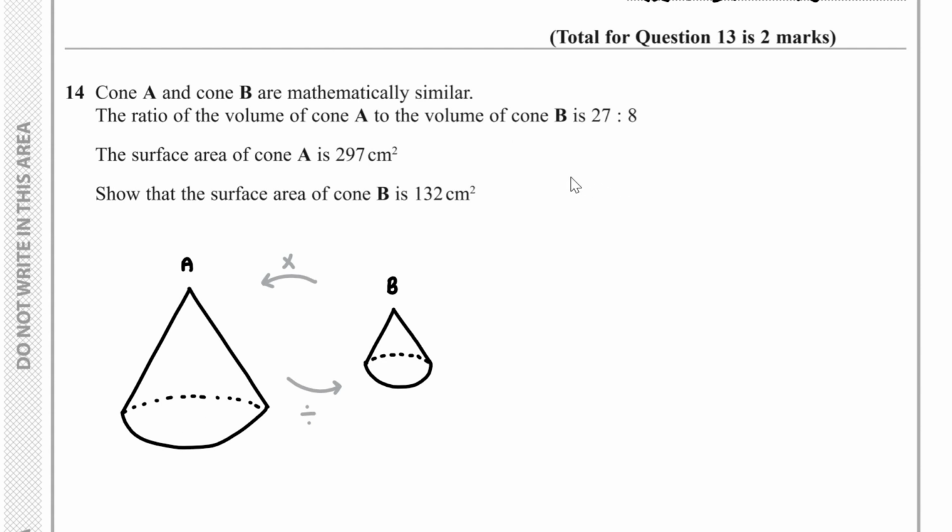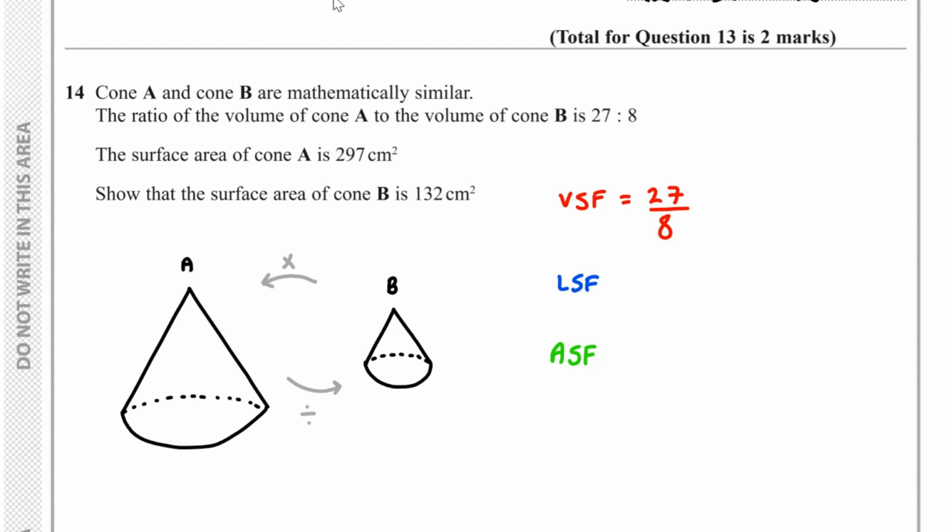If we find out the volume scale factor, the volume scale factor is equal to 27/8. So we've used the ratio to express that in an equivalent fraction. So with this, we can find out the length scale factor, and once we've found out the length scale factor, we can find out the area scale factor.